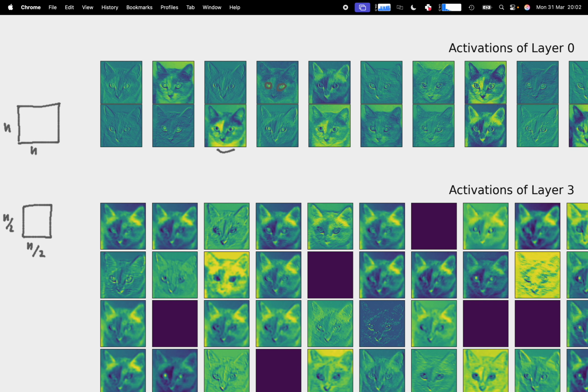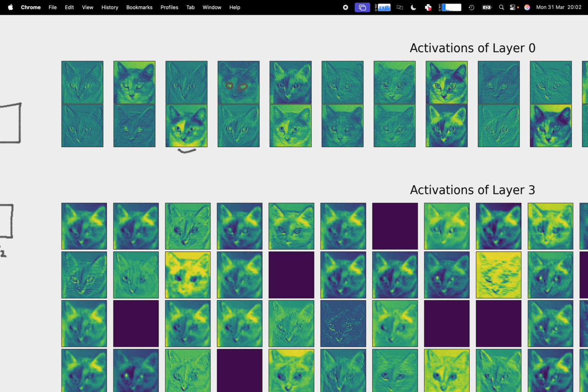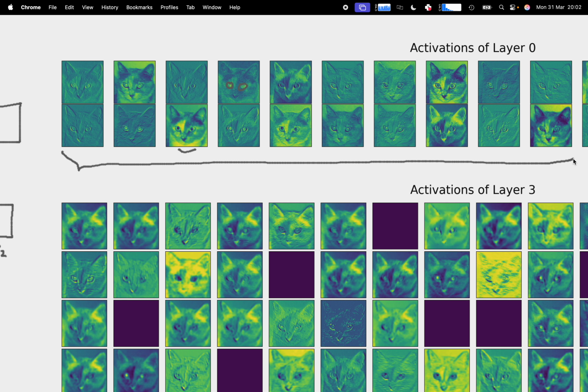And by the way, every one of these filters in the next convolution layer combines all the information of all the other features in the previous layer, right?